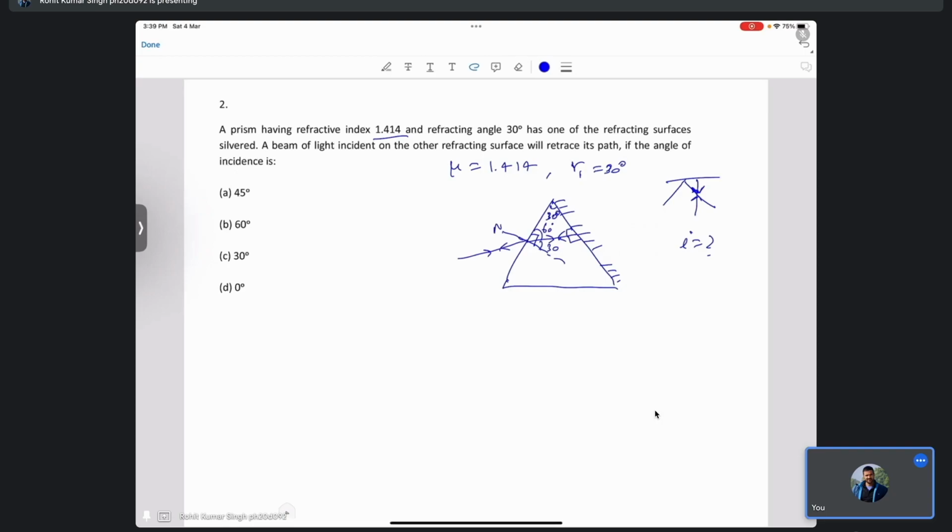And so you can calculate this angle i using Snell's law. So Snell's law, what does it say? Sin i by sin r is equal to mu.